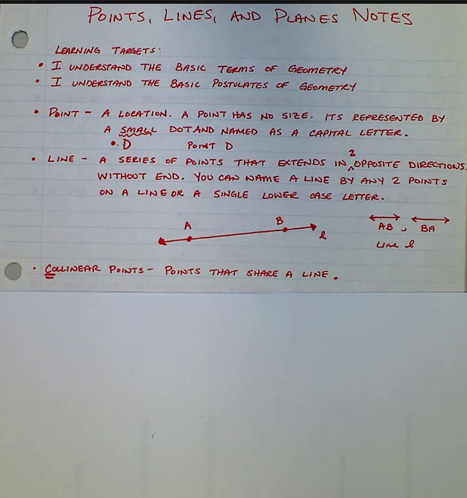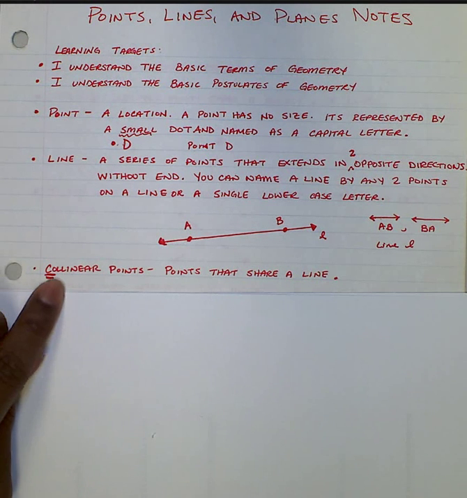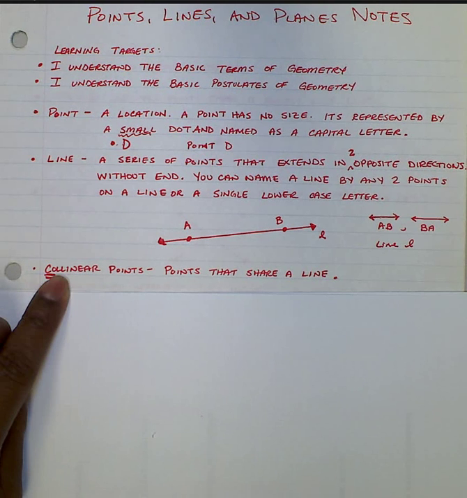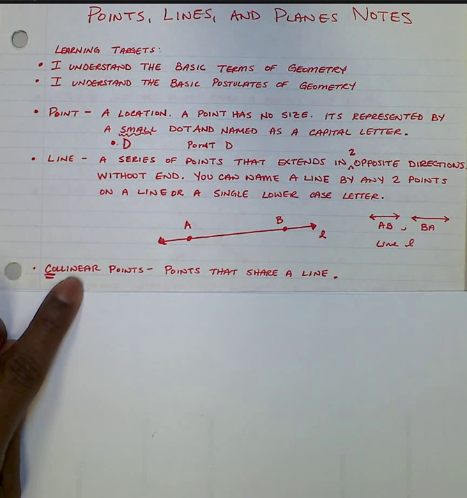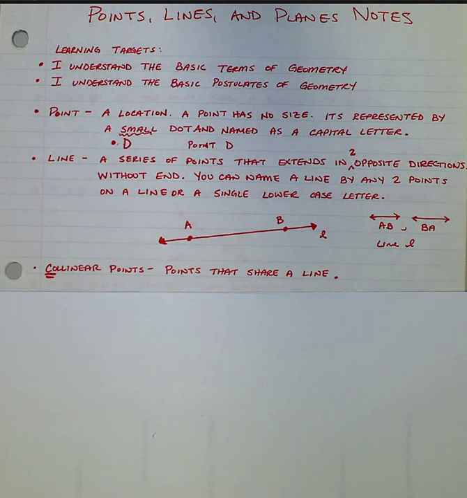So all those words, cooperate, work together, operate together. Anyway, it means together. So if you just break down this word: together, line, on a line together. Points that are on a line together, or points that share a line.